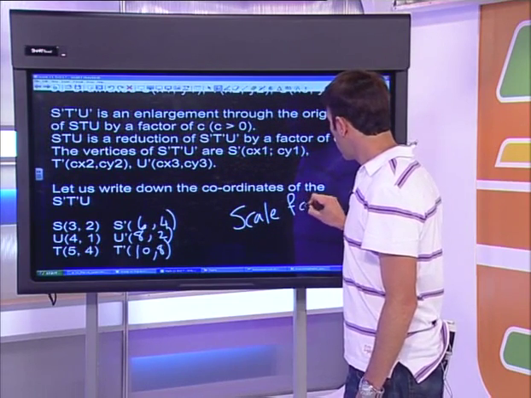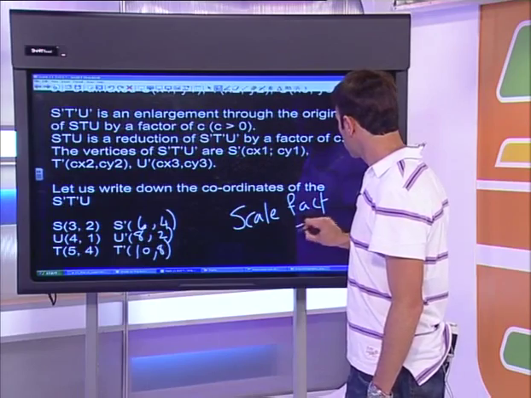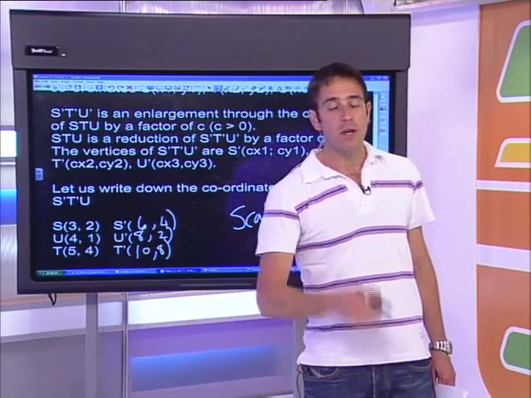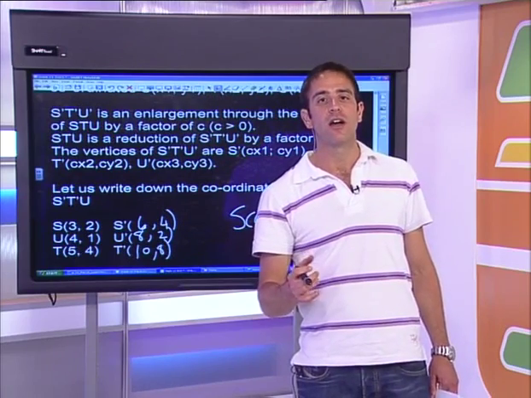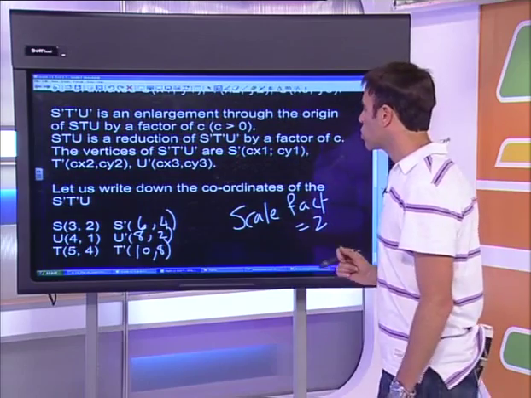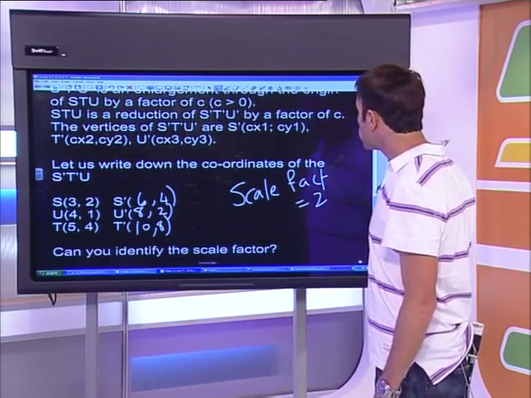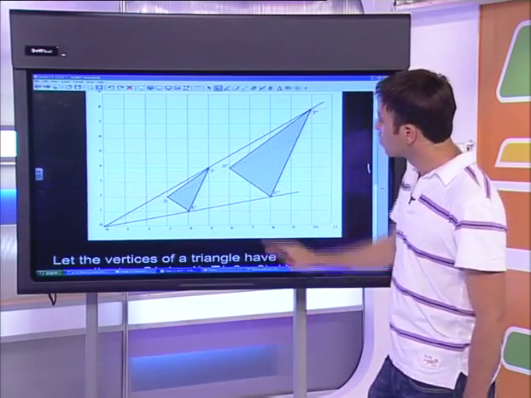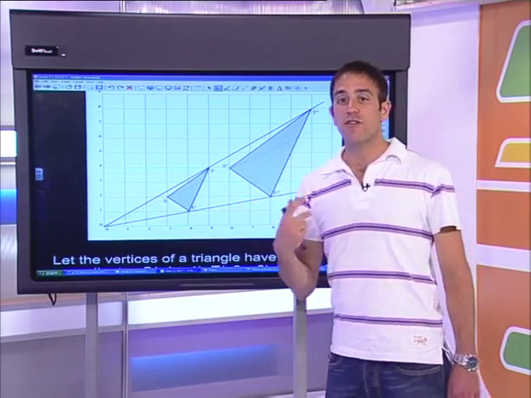And I asked you another bonus question. The bonus question was, by how much bigger is the area of the new shape in comparison to the old shape? And it's 2 squared bigger. Because the scale factor is 2, 2 squared is 4.